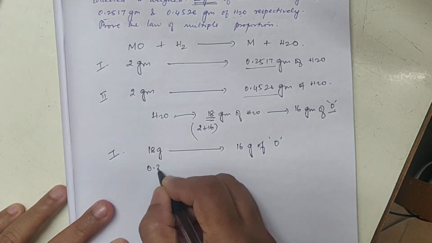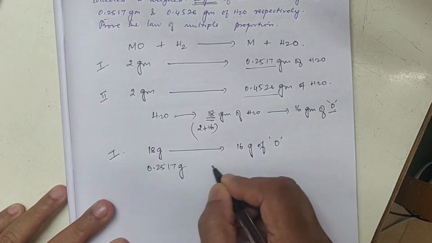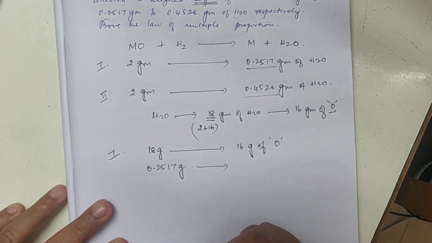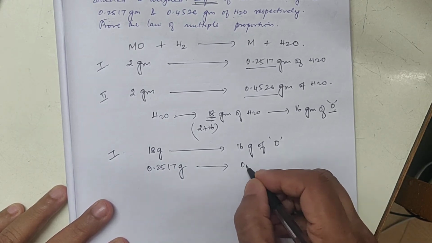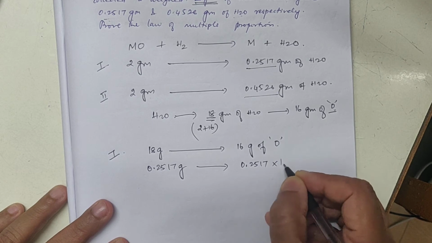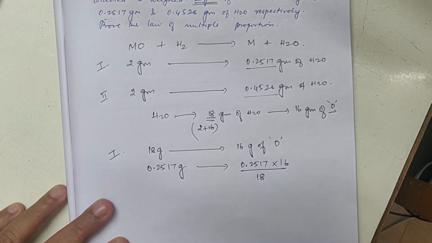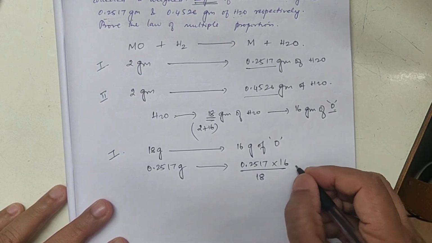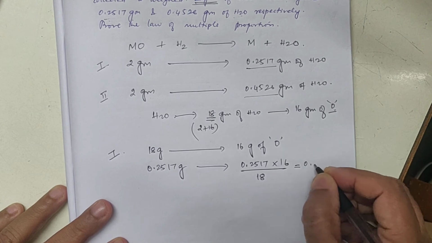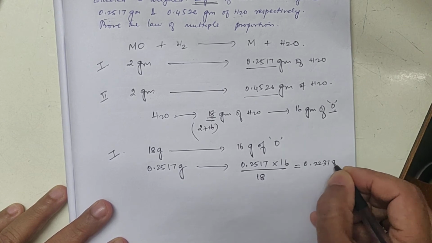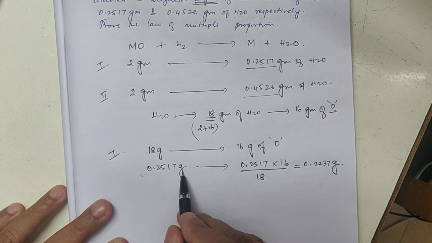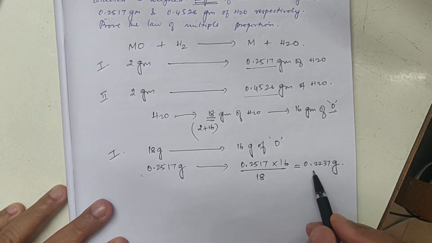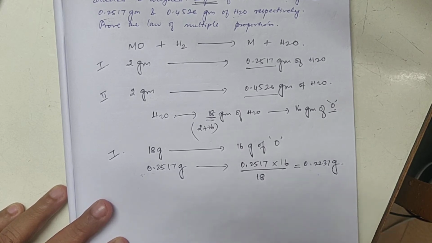Therefore, 0.2517 gram of water will give you how much? That is 0.2517 into 16 upon 18. Now this has been found to be 0.2237 gram. So 0.2517 gram of water has 0.2237 gram of oxygen.